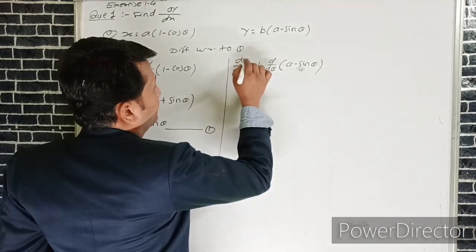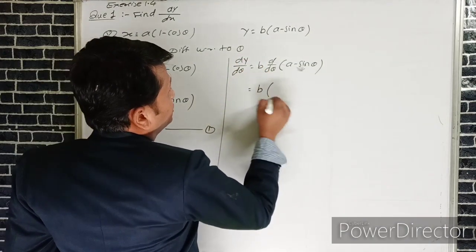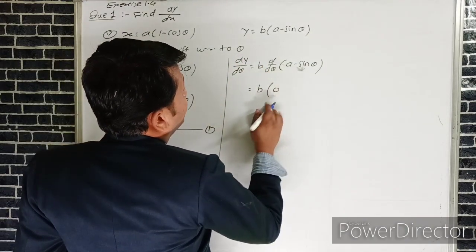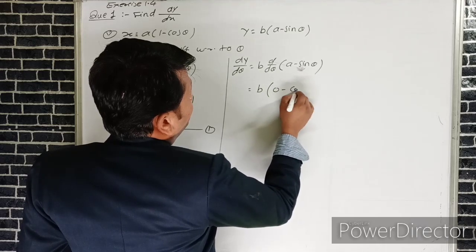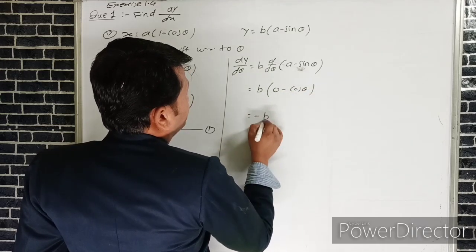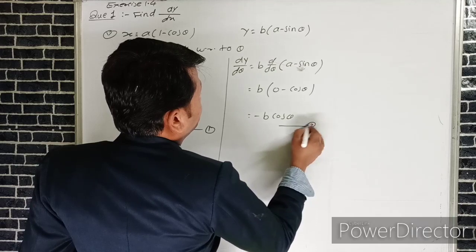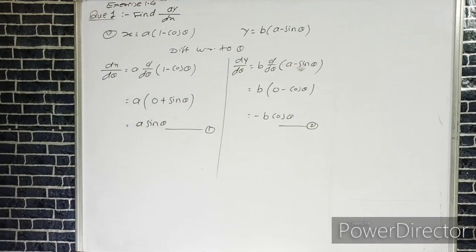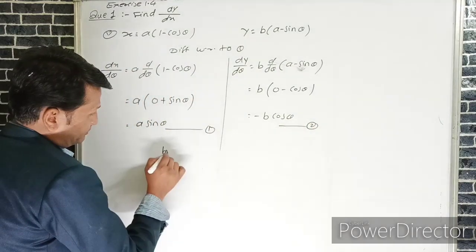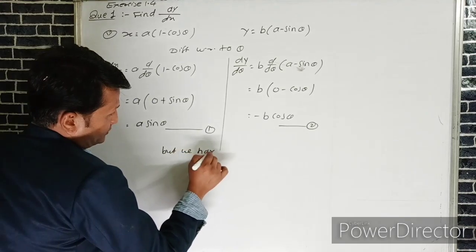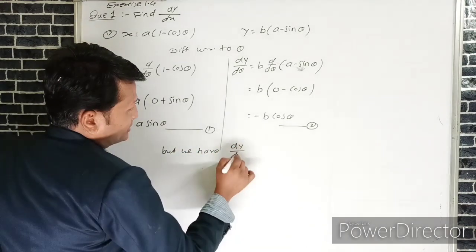Again we have to find dy by d theta. b is constant, the derivative of a is 0, and the derivative of minus sin theta is minus cos theta. We can write it as minus b cos theta, which is number 2. But we have to find dy upon dx.